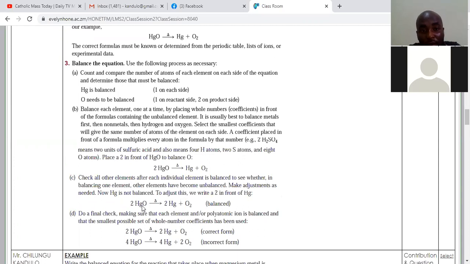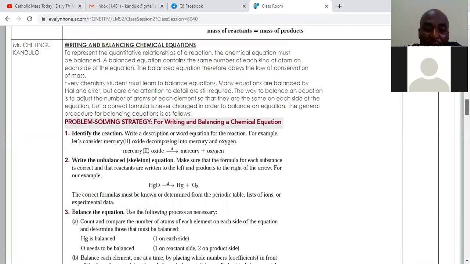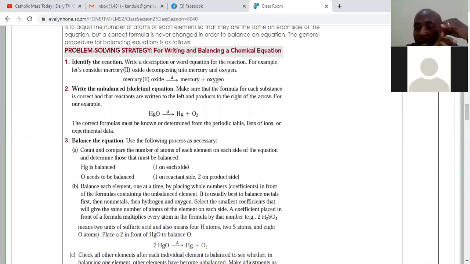Oxygen exists as a diatomic molecule, O2. So in the equation, even if they just write oxygen, which is diatomic, you must remember those ones: hydrogen, nitrogen, oxygen, fluorine, chlorine, and all the halogens exist as diatomic molecules.